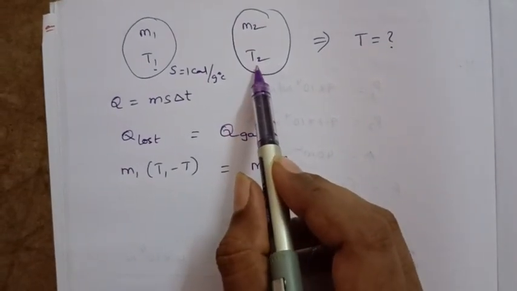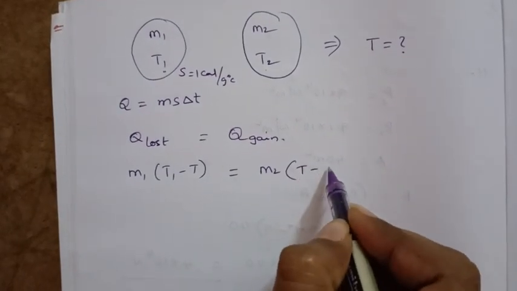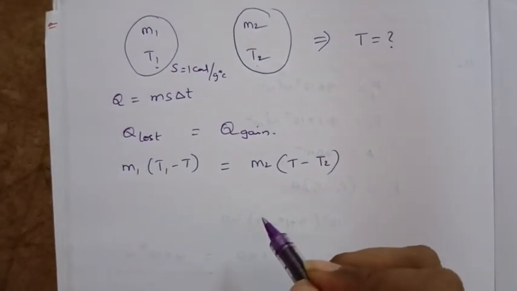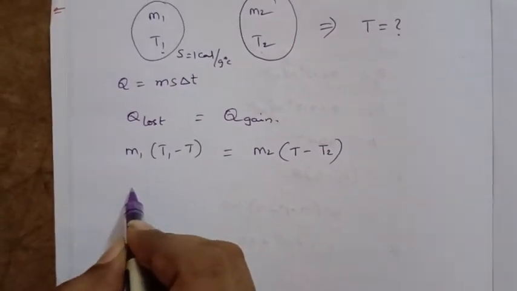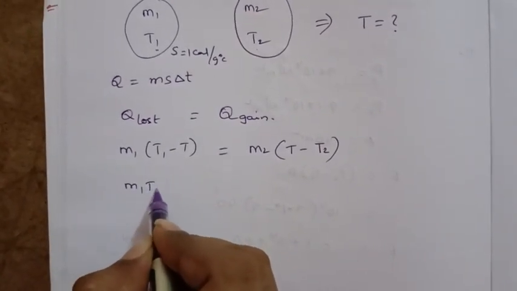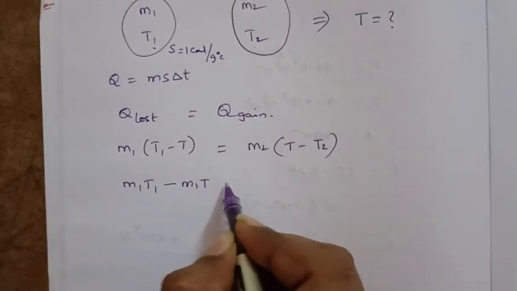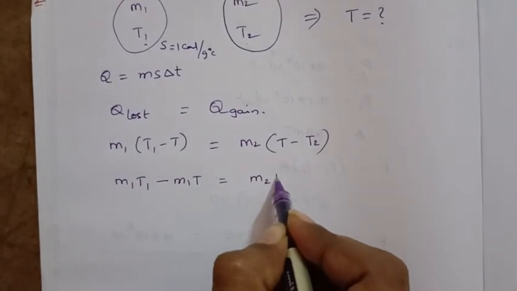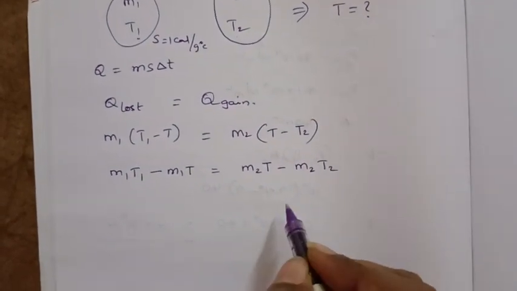Initially it has T2, after gaining something it becomes T. So higher temperature minus lower temperature. Now, multiplying: m1 T1 minus m1 T equal to m2 T minus m2 T2.